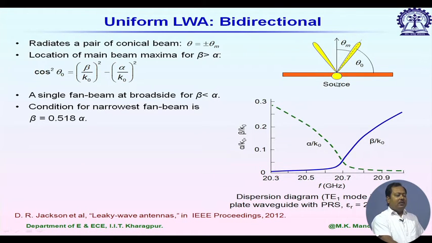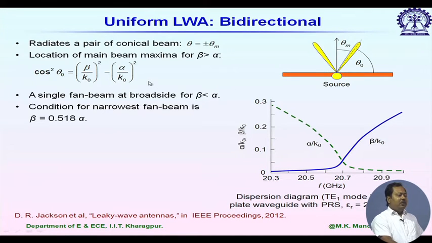In this case, we have to place the source at the midpoint, and the left and rightmost ends will be match terminated. We will be having two beams symmetrically placed at theta equal to plus minus theta m. Now, we have to satisfy one condition to obtain these dual beams.